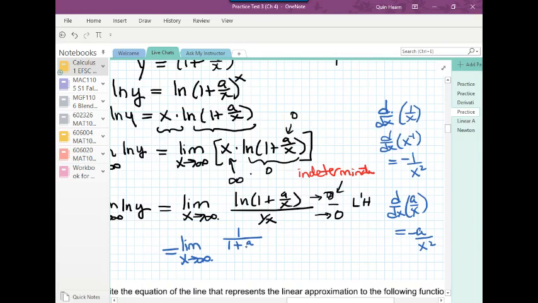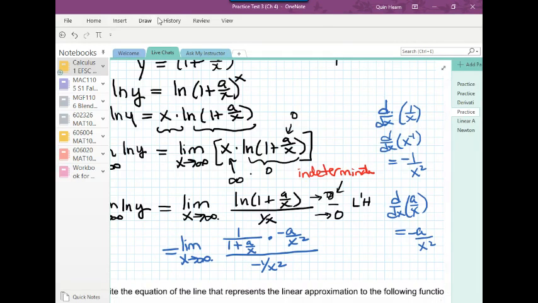Okay, now this is going to have a chain rule involved, and in particular in both the denominator and the numerator we're going to end up having to take the derivative of either 1 over x or a over x. So let's do that off to the side real quick. We're going to take the derivative with respect to x of 1 over x.